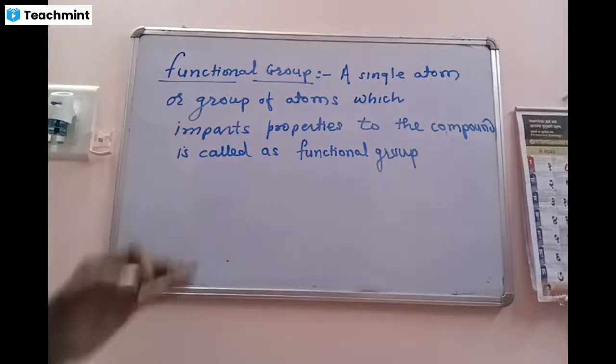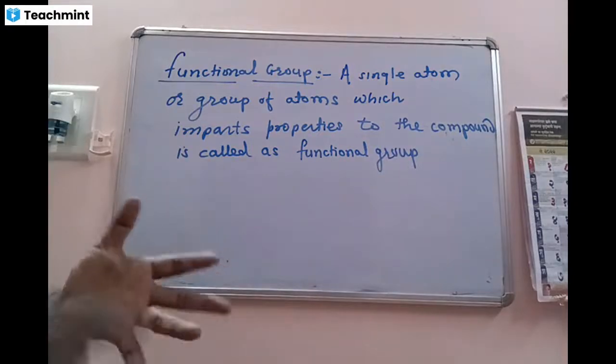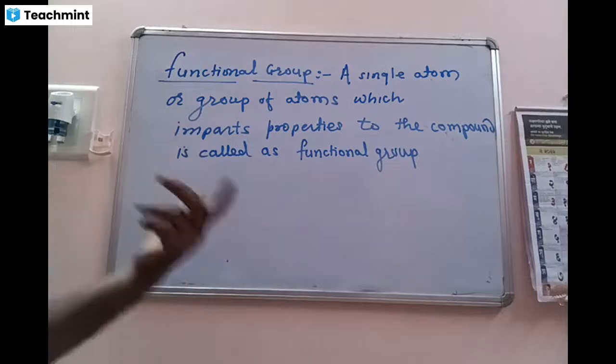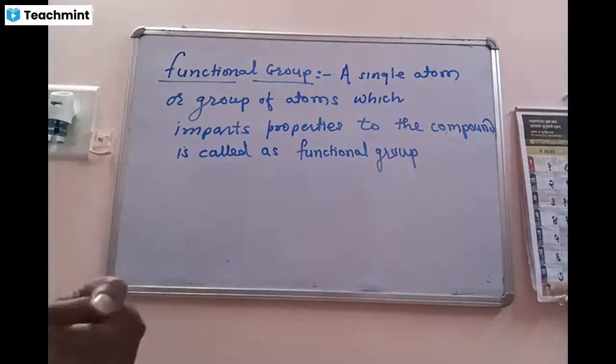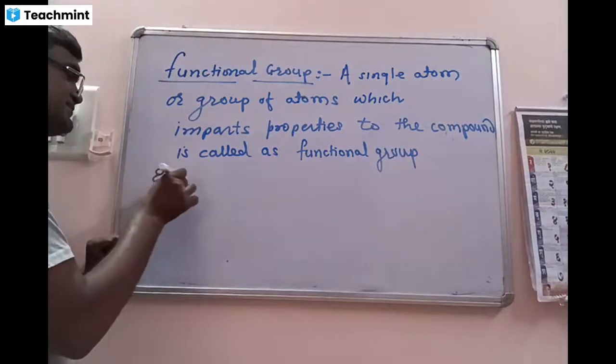Carbon carbon single bond, that is alkane. If you get the carbon carbon double bond, then that will be alkene. Then if carbon carbon triple bond is there, then that is alkyne, right?